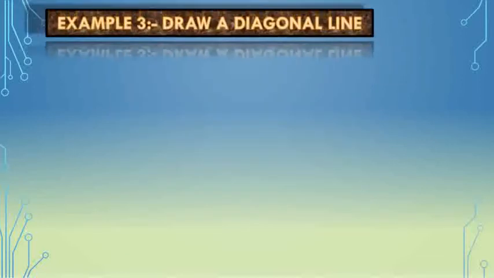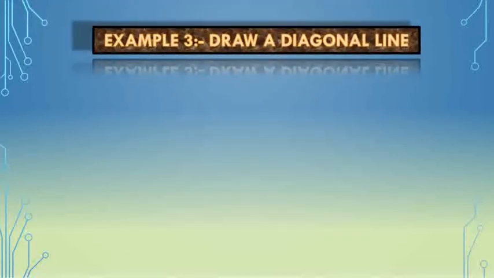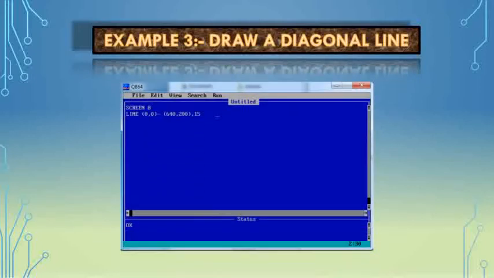Now, this is my third example where we are going to draw a diagonal line. So let's see what will be the coordinates for that. In screen 8, I have used LINE (0, 0) from the 0, 0 point to, this is the first corner.